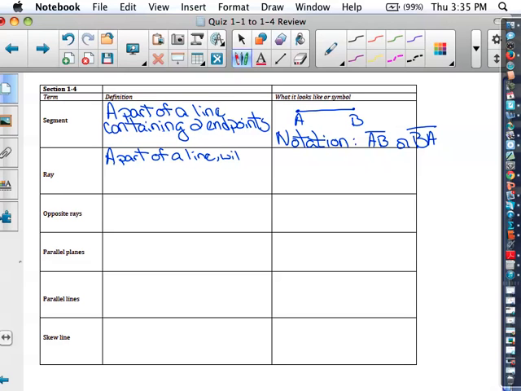I'm just going to put with one endpoint and continuing indefinitely in one direction.